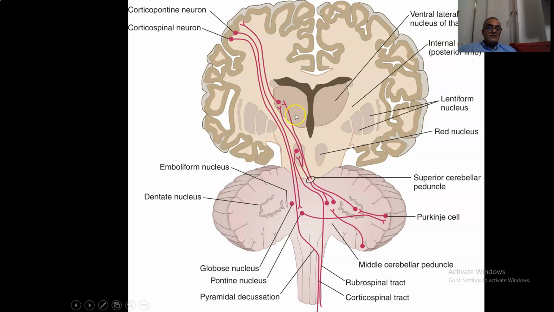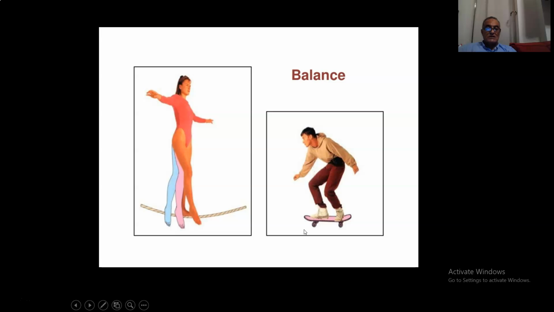The anterior ventral nucleus of the thalamus, and then going to the frontal cortex, and going down from the frontal cortex to the middle cerebellar peduncle, and again to the cerebellar cortex. You will see there is a crossing here and another crossing in the pyramidal tract, so cerebellar lesions cause ipsilateral weakness.